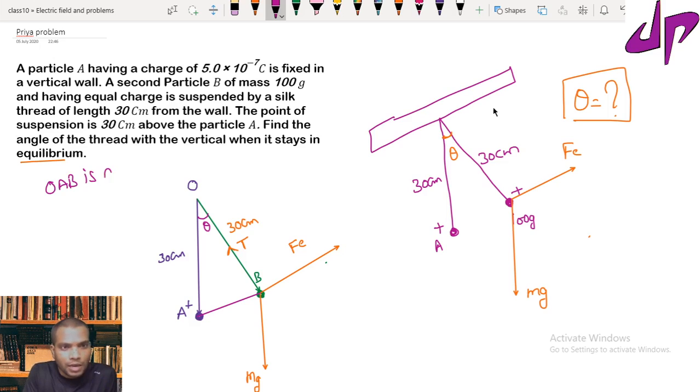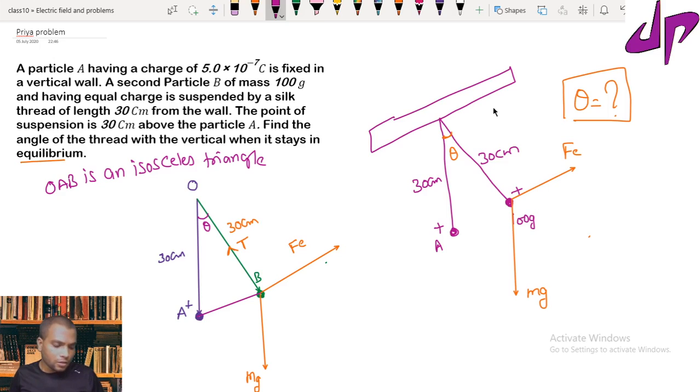OAB is an isosceles triangle. So if it's an isosceles triangle, two sides and two angles are equal. Suppose I take this as an angle and these two angles also become equal.